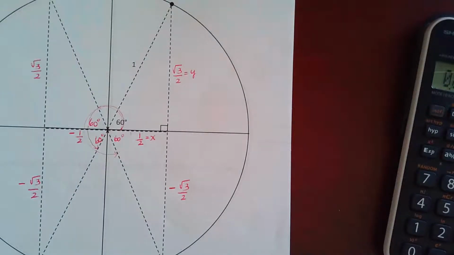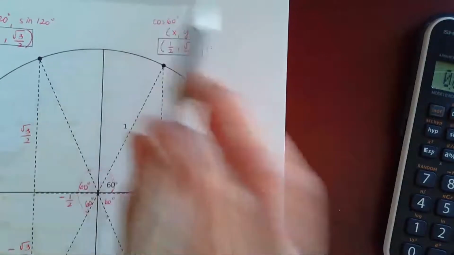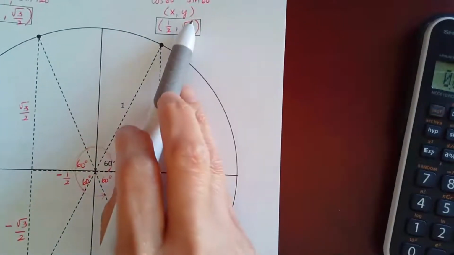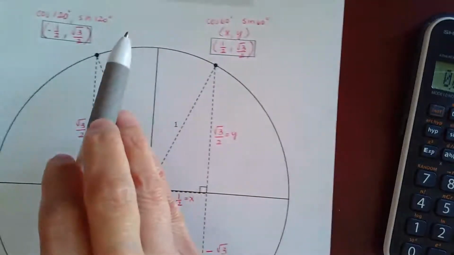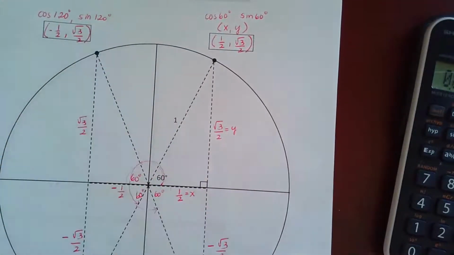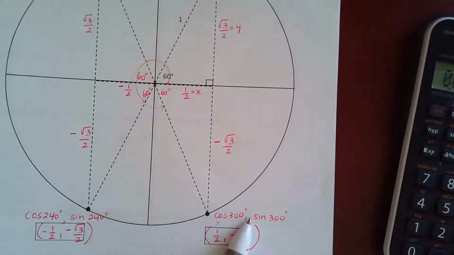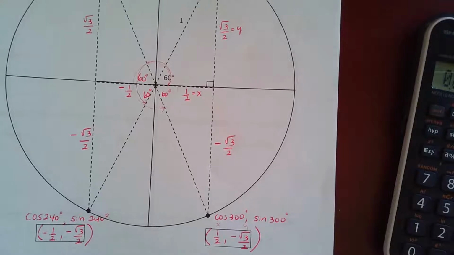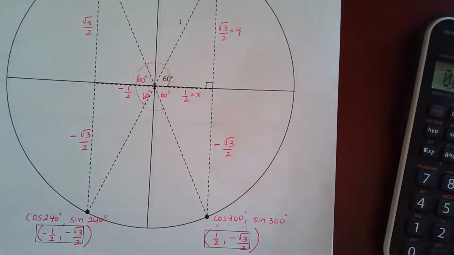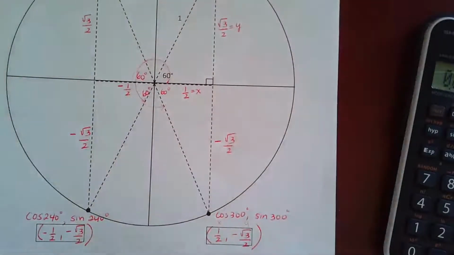So the angles that have a reference angle of 60 degrees are 60, 120, 240, and 300. Okay, so all of these are also from lesson number 1. So make sure that you keep up with lesson 1 if this is something that you're not quite sure of yet.